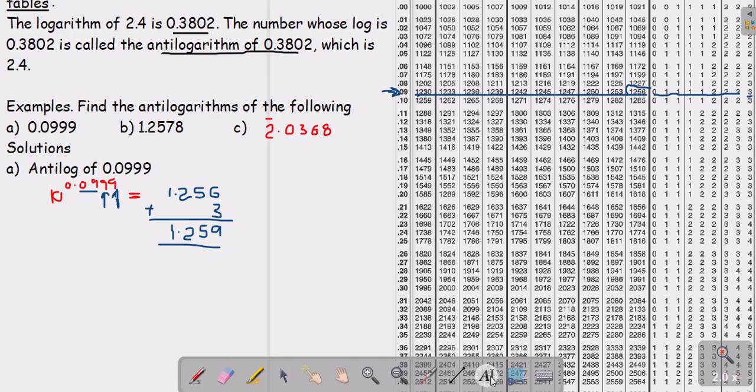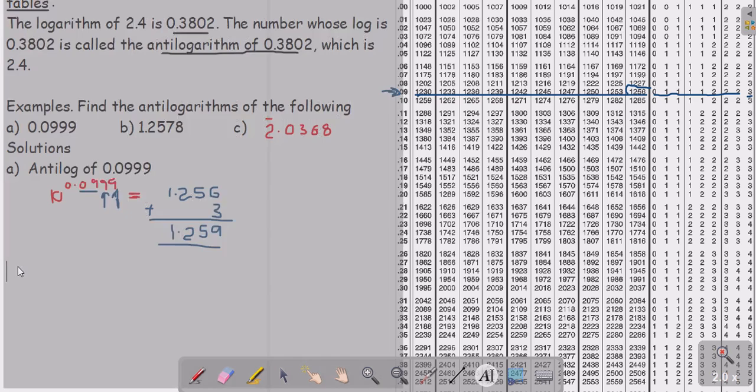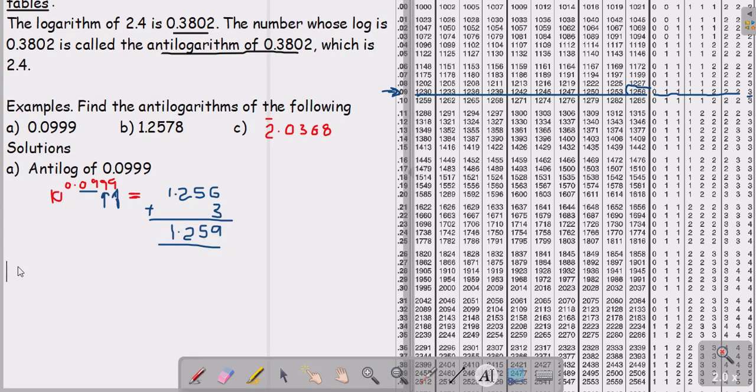Okay, then B, they want us to get the antilog of 1.2578.